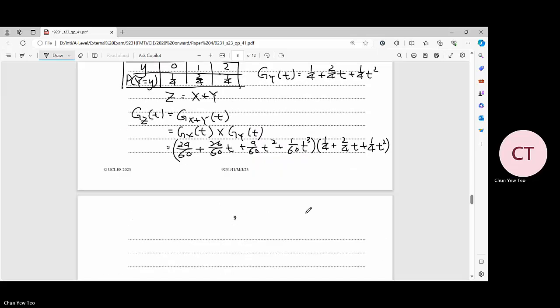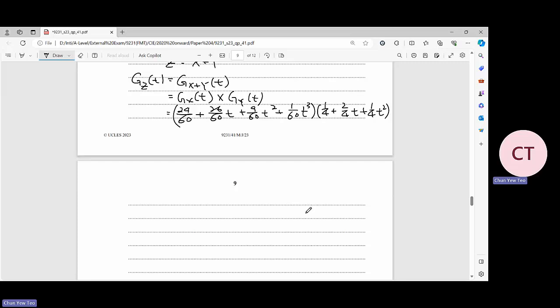Okay, so I will factorize the denominator out. The denominator is 1/240. Then to save time, actually, I just expand directly and give you the final result.